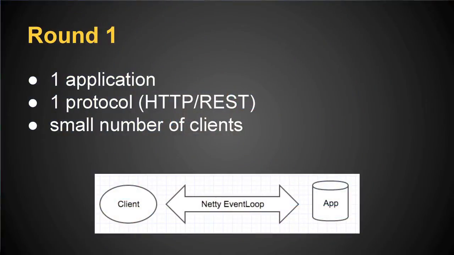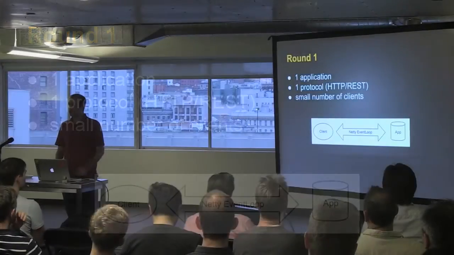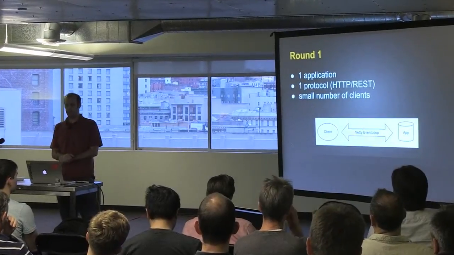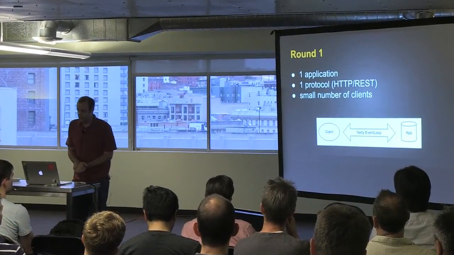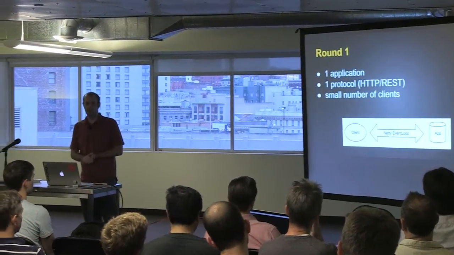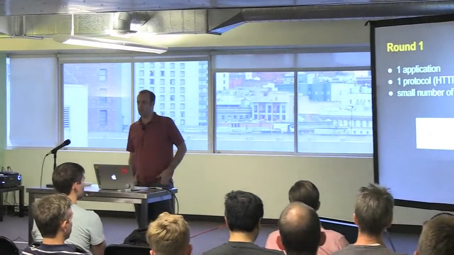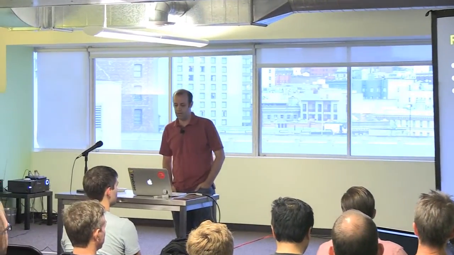All right, so to start with, we're going to handle a single application, just one protocol, and a small number of clients. For a small number, we'll consider this something that we can handle with just a single thread to get started.